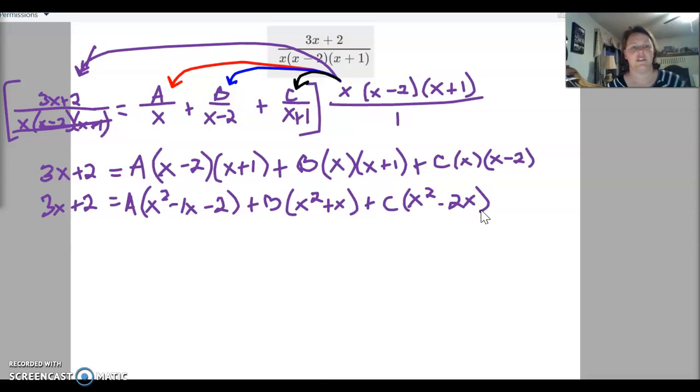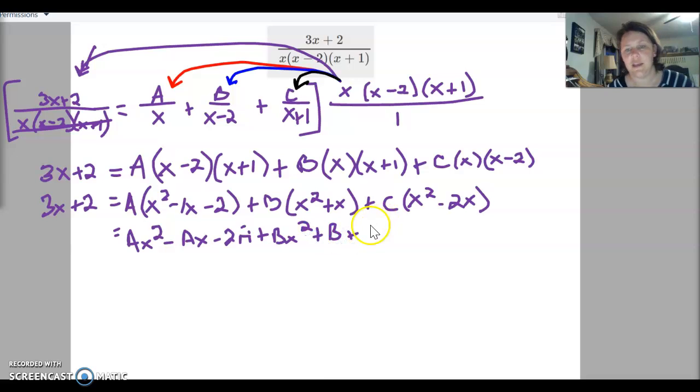Okay, very good. So now let's move on. Let's get rid of the rest of our parentheses. So now we have ax squared minus ax minus 2a plus bx squared plus bx plus cx squared minus 2cx.